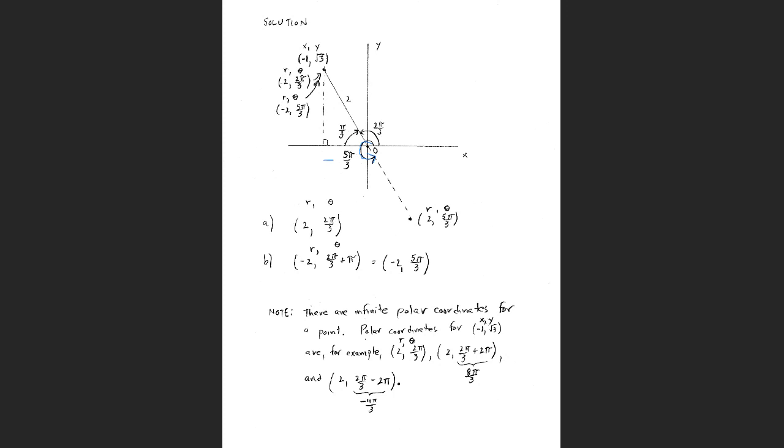That's what 5 pi/3 equals, 300 degrees. And from that angle, if we move backwards a radius of 2, that would be a radius of -2, right? That also gets us to the point -1, √3.